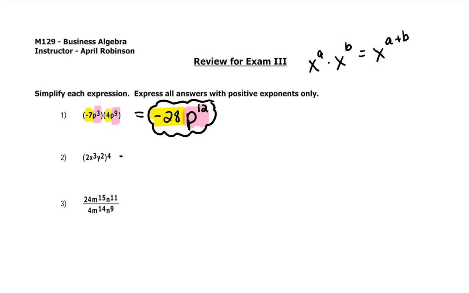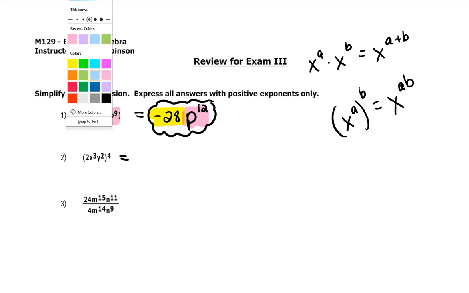Now, on the second one, I'm going to have to use the rule that says x to the a raised to the b is x to the a times b, except I have 3 different bases here.